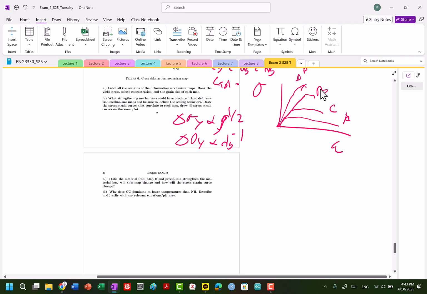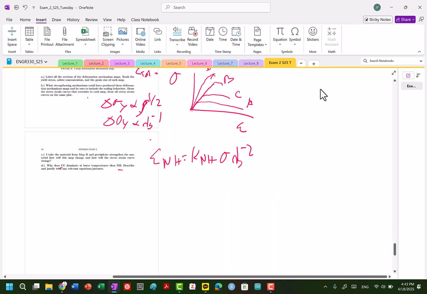Why does Nabarro-Herring dominate at lower temperatures than Coble creep? So we can remember our Nabarro-Herring is equal to K Nabarro-Herring stress dg to the -2. And the key factor here for the lower temperatures is d naught exponential minus Q lattice over KT. Q lattice activation energy is always greater than that for the grain boundary.